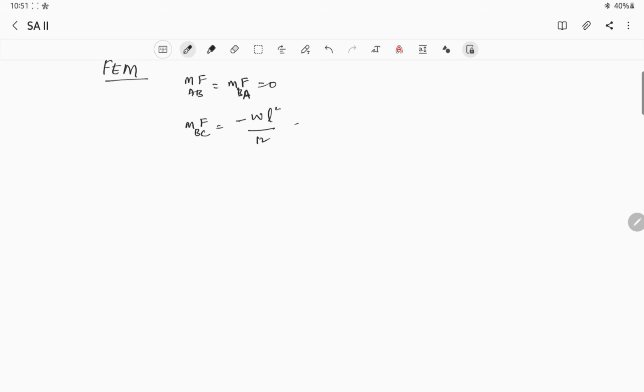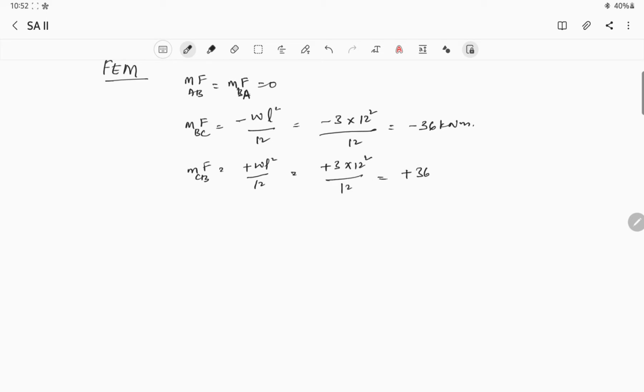So what is the intensity of the UDL? Minus 3 into 12 square divided by 12. If you calculate, you will get minus 36 kilonewton meter. Similarly, MFCB is equal to plus WL square by 12, which is equal to plus 3 into 12 square divided by 12.